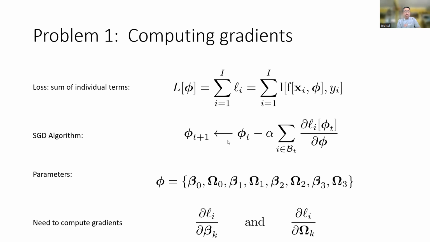Our gradient descent algorithm says our parameters from the last time step, we're going to take a small number, like 0.1 or 0.001, times the gradient of our loss function with respect to all of our parameters, our hidden parameters for our neural network. And we're going to subtract that.